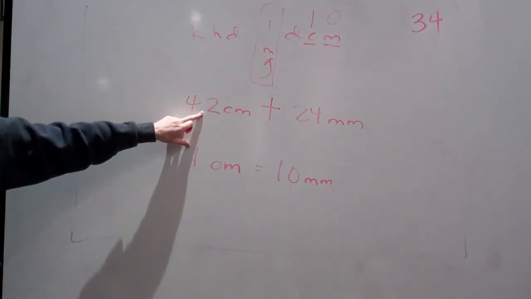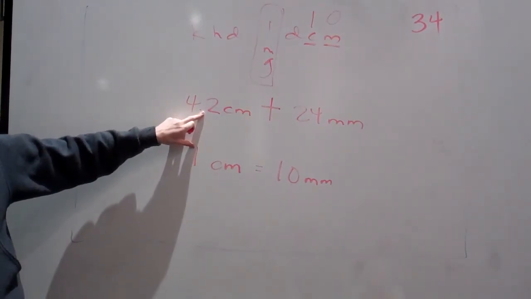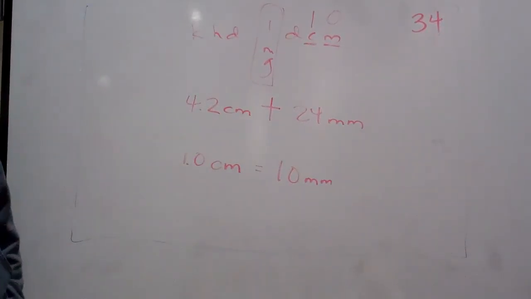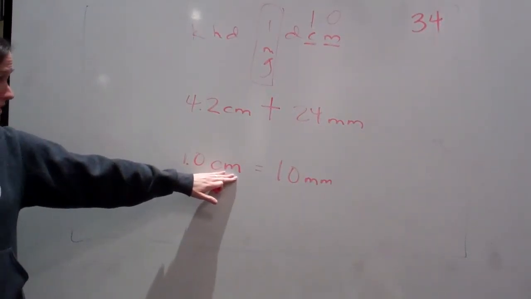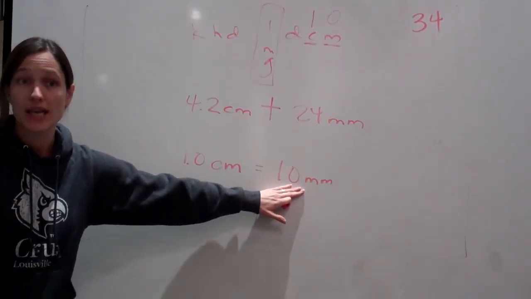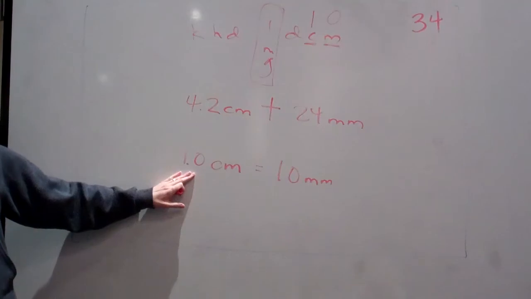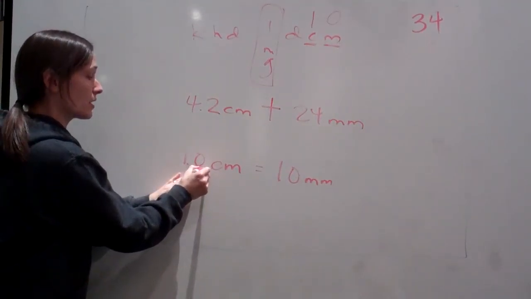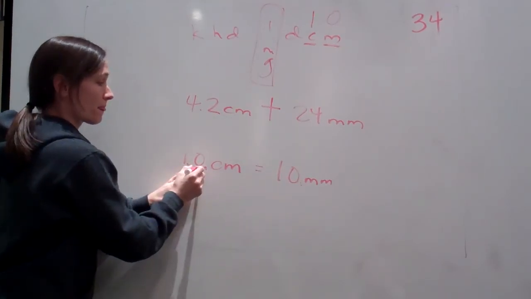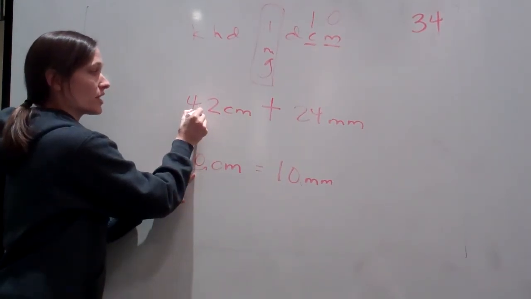Okay? So this one's in decimal form, 4.2, so I'm going to make this in decimal form, 1.0. 1.0 centimeters equals how many millimeters? 10. What did I do with my decimal? Moved it to the right one spot to get it here. Okay? So what am I going to do to this one?